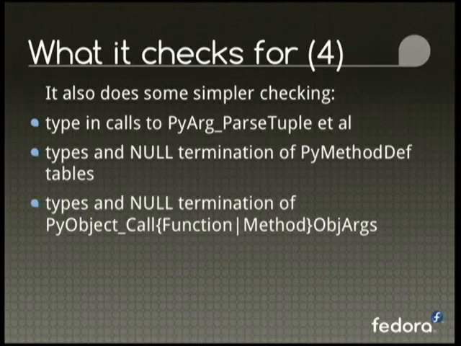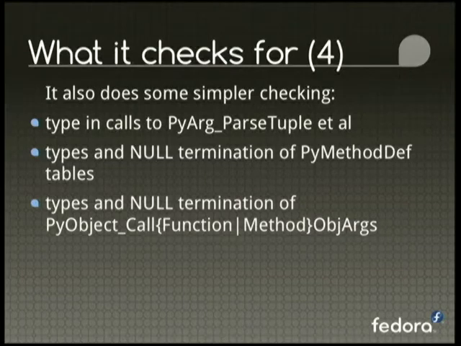And the classic one here is PyArg_ParseTuple and its friends, and Py_BuildValue, which you'll know as calls in the Python API for marshalling data between the Python world and the C world, and then back again for Py_BuildValue. They take a string, which is a series of control codes, and then C-level arguments. Those control codes are a little mini language that has to exactly match the C-level types that follow.